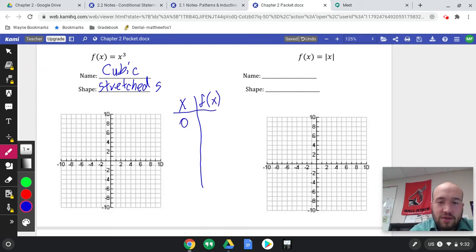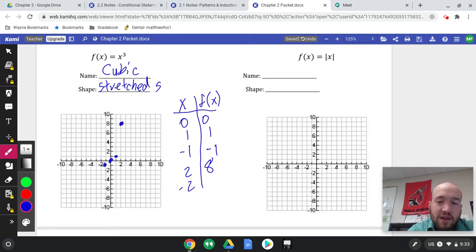If we plug in 0, 0 cubed is still 0. If I plug in a 1, 1 cubed, 1 times 1 times 1, still gives me 1. Negative 1 times negative 1 gives us positive 1, times another negative 1 goes back to negative 1. If I plug in a 2, 2 times 2 is 4, times another 2 gives us 8.